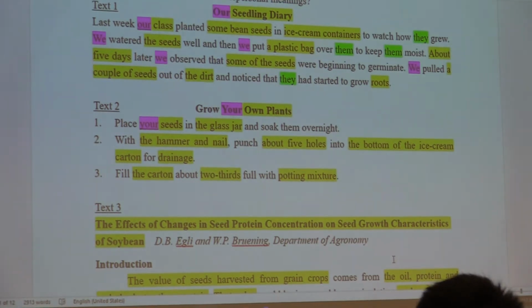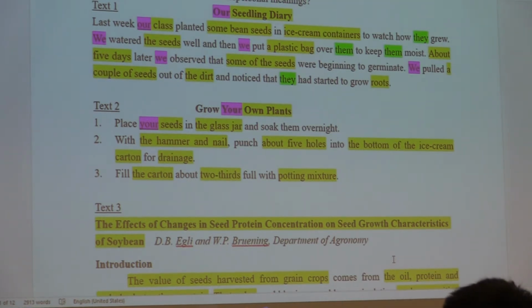Okay, what have you observed? How will you say the differences? Now, in terms of similarities, they have got some similarities. All of these are about plants, about seeds, but they are different in terms of the communicative purpose. The first one, a diary about how you planted some plants.